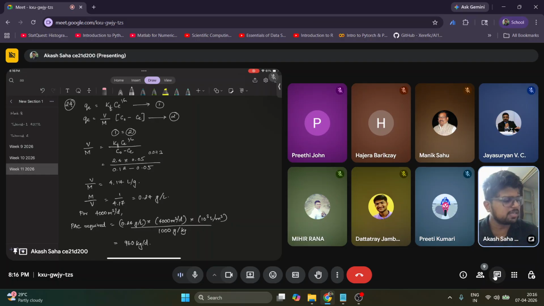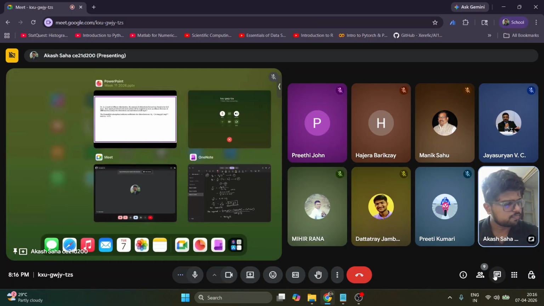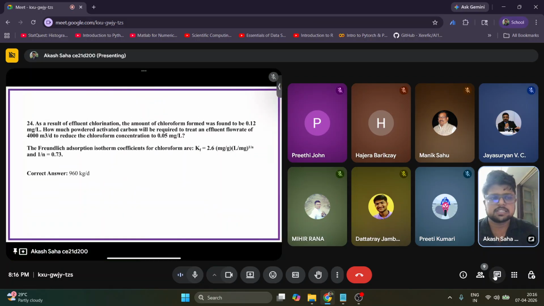Both will give the amount of dose of adsorbent. Then just multiply with the flow rate. So 960 kg per day is the correct answer here.